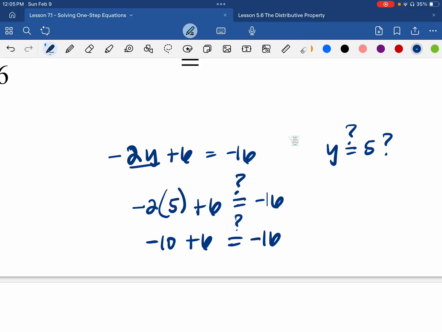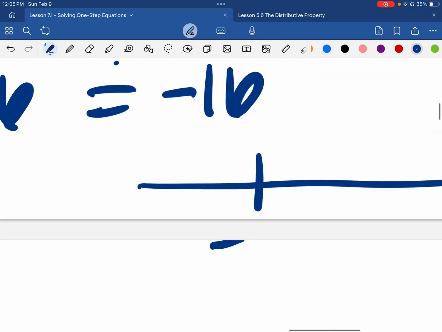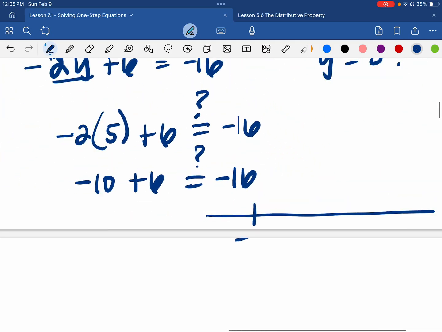If we're starting out at negative 10 here, and we want to add to that, that means we're going to go to the right. 1, 2, 3, 4, 5, 6. So our answer is going to get less negative.